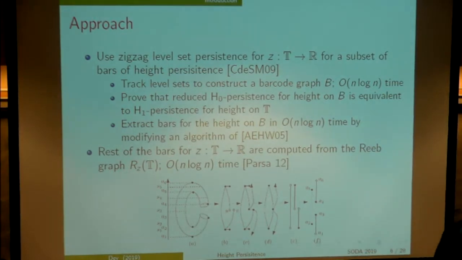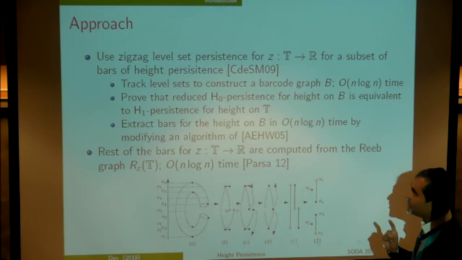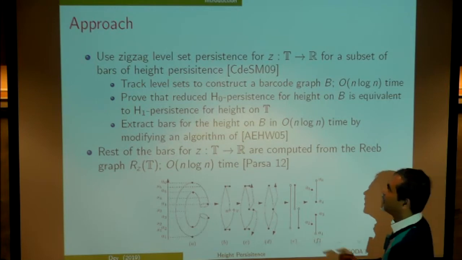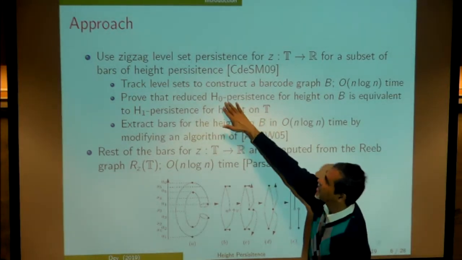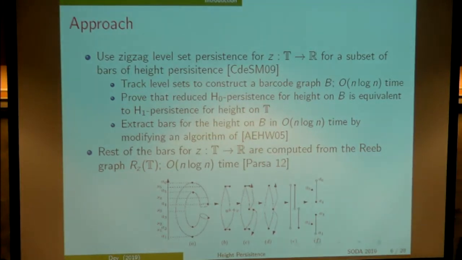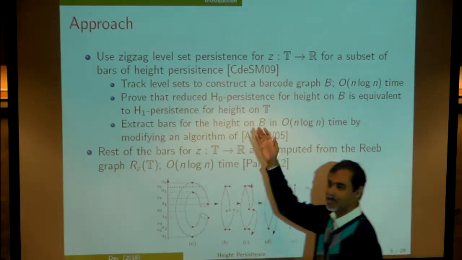As I'm sweeping through the 2-complex, or through my space, with the height, I'm going to maintain a graph which registers where the level sets, or the bases of the level sets, the one-cycles, change. They are created, they die, they merge, they split. I register this in a graph, and then I can prove that the zero-dimensional persistence on that graph is equivalent to the H1 persistence on my topological space.